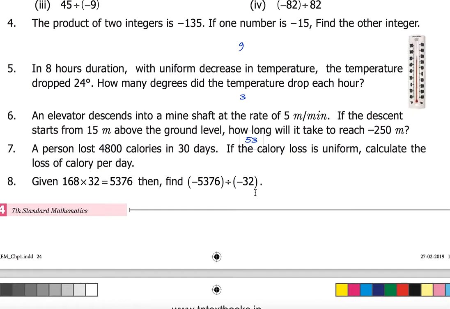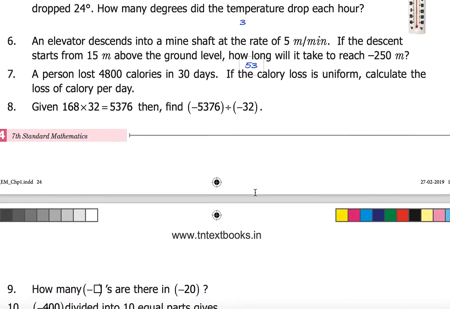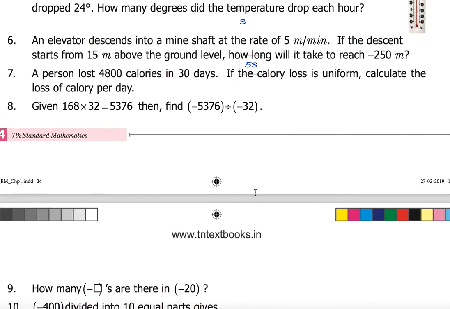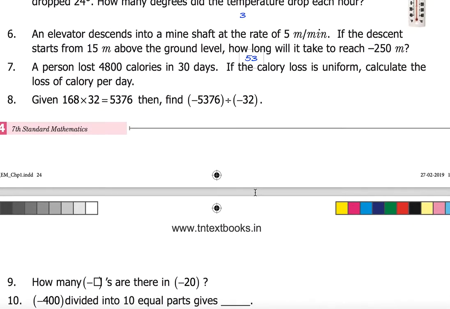A person lost 4,800 calories in 30 days. If the calorie loss is uniform, calculate the loss of calorie per day. 4,800 by 30 is 160 calories.